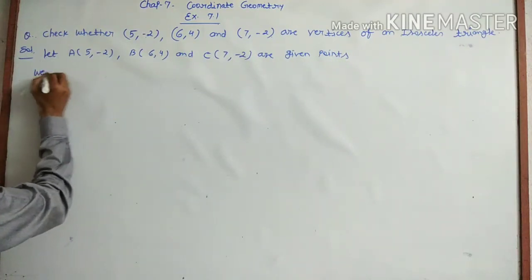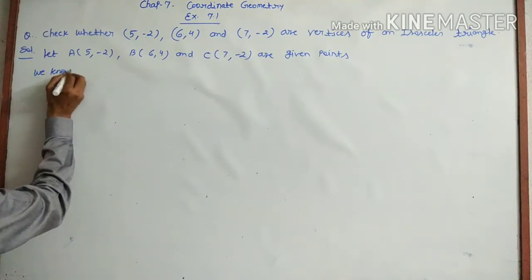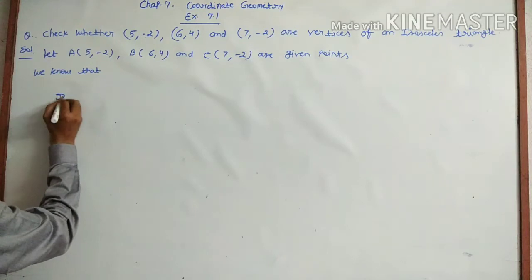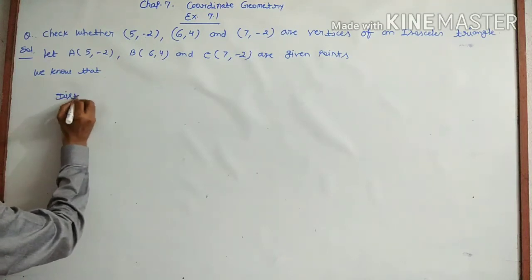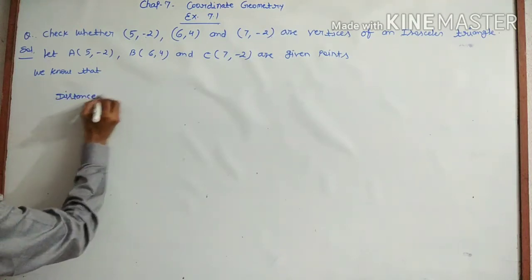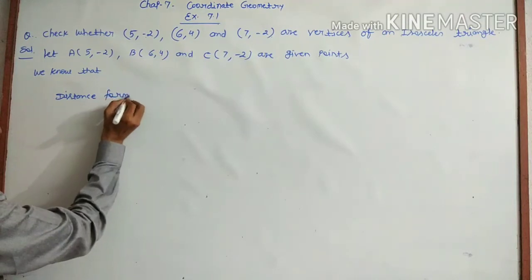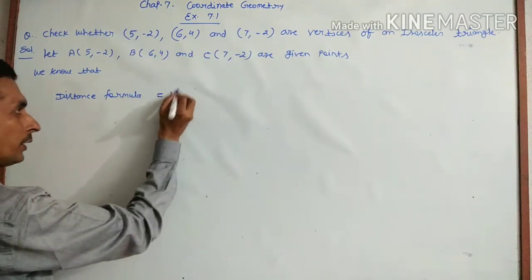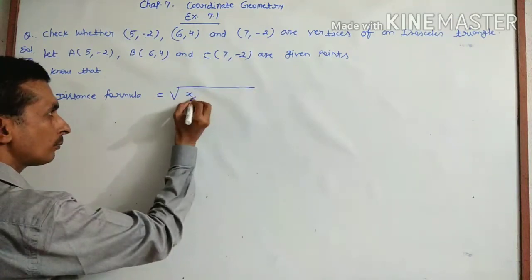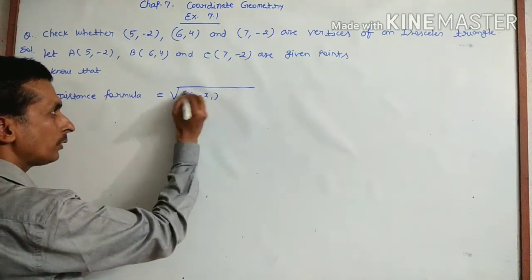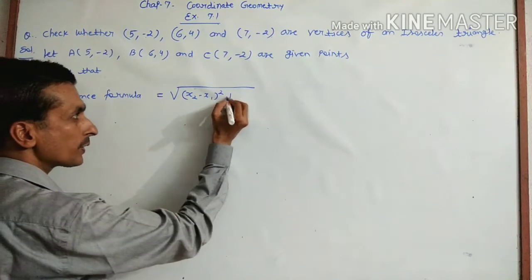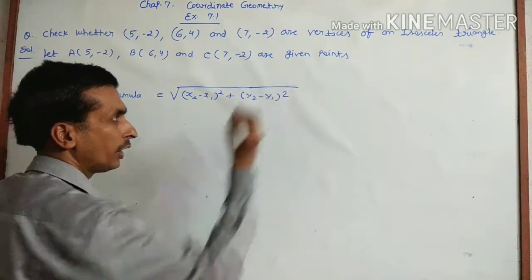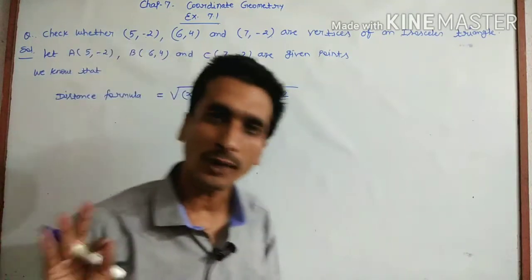We know the distance formula: AB equals under root x2 minus x1 whole square plus y2 minus y1 whole square. First of all, we will find the value of AB.